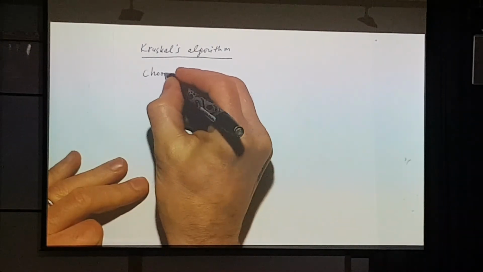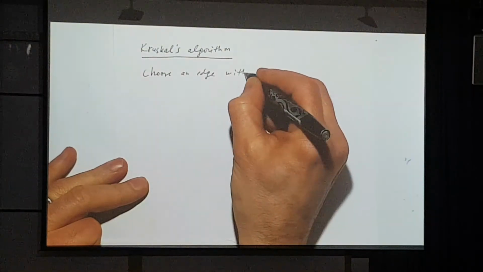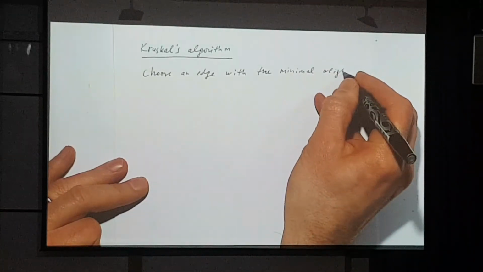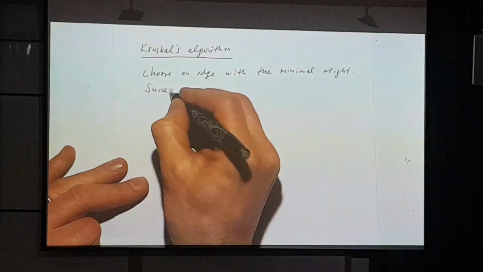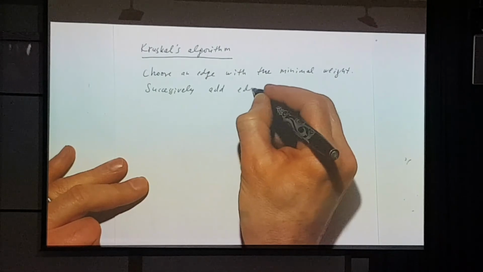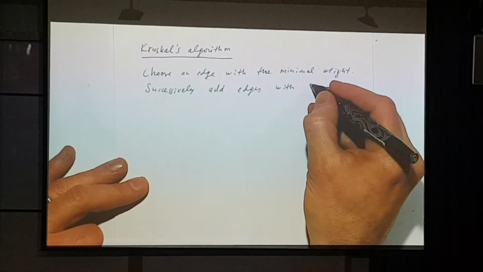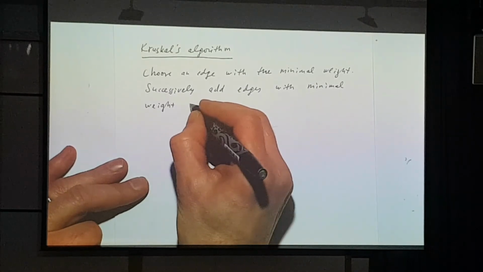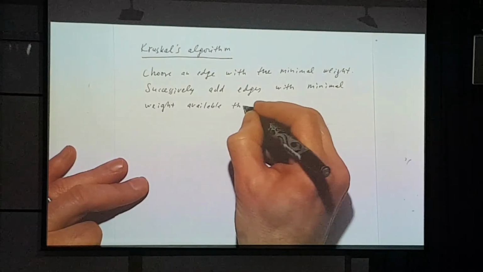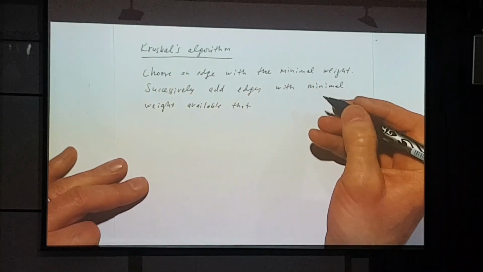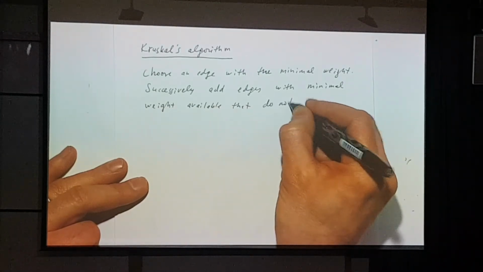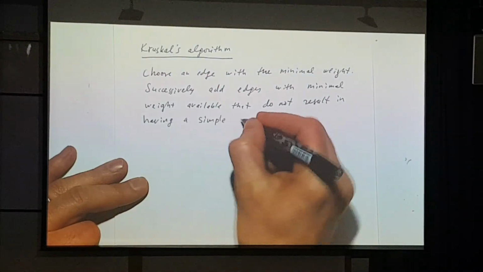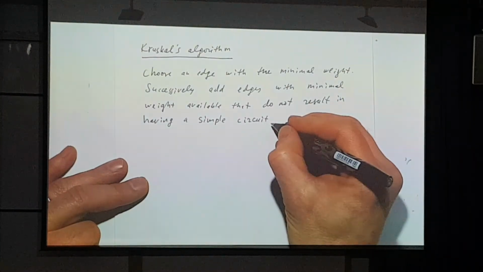So we just choose an edge with minimal weight, and then successively add edges with the minimal weight available that do not result in having a simple circuit. Stop when all vertices are in the tree.